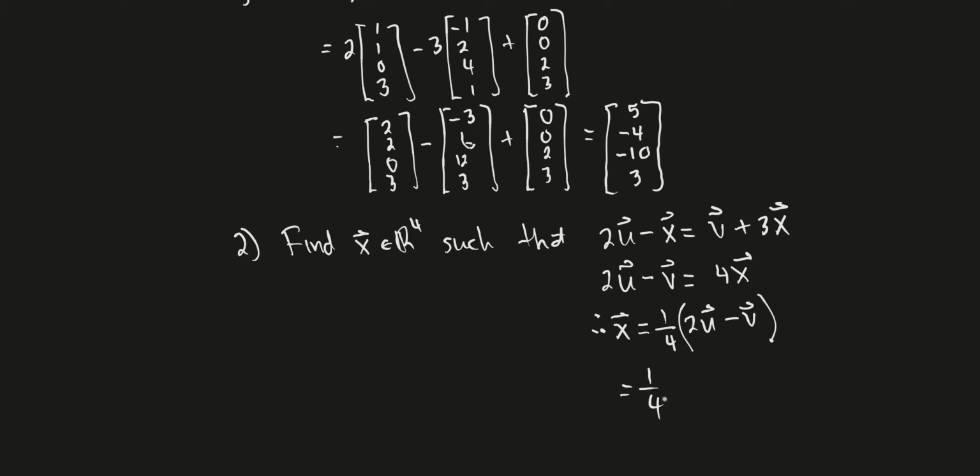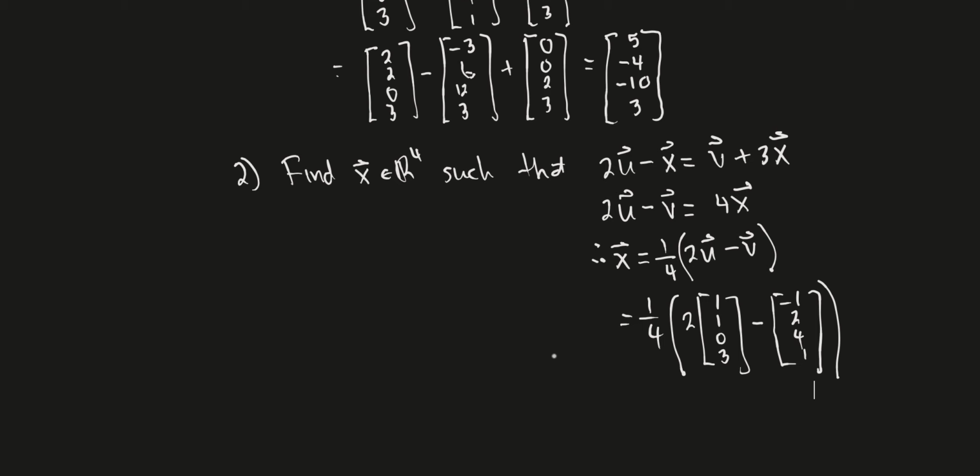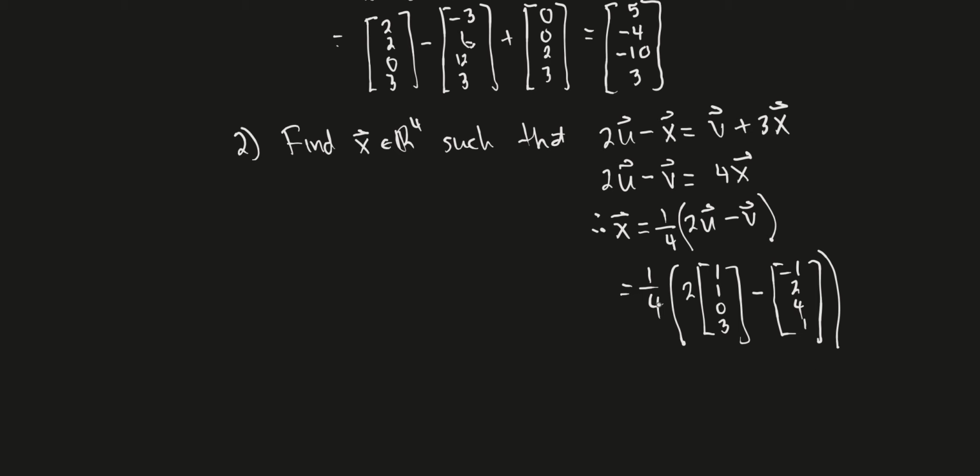So we got 1/4 of 2 times 1, 1, 0, 3. And then the v vector is our -1, 2, 4, 1. So minus -1, 2, 4, 1. And as long as we have the different properties, we have the associativity property, we have the distributive property, all those properties hold.